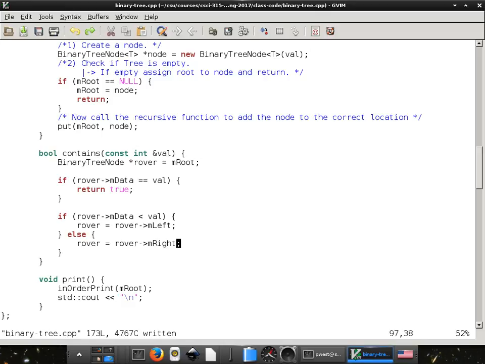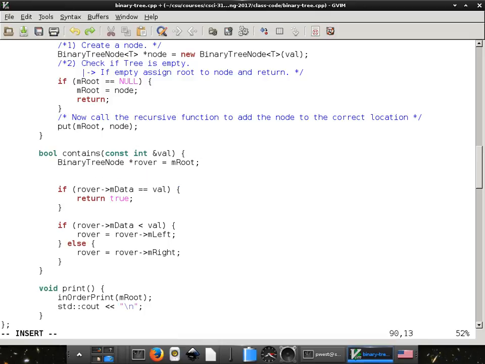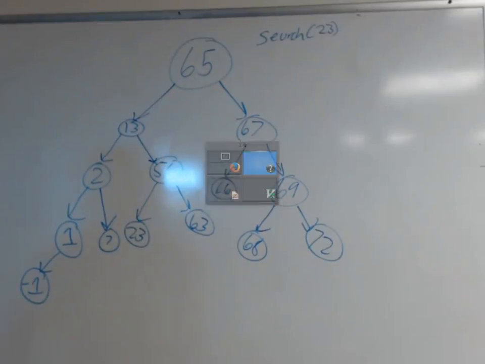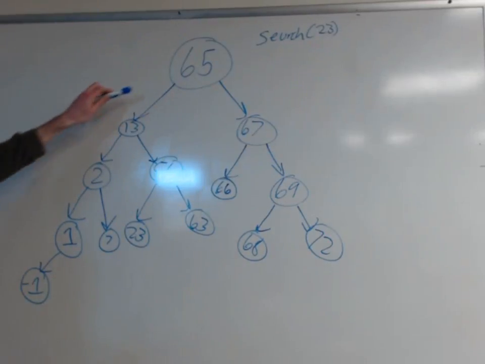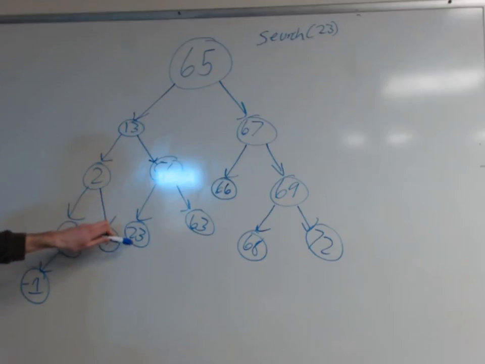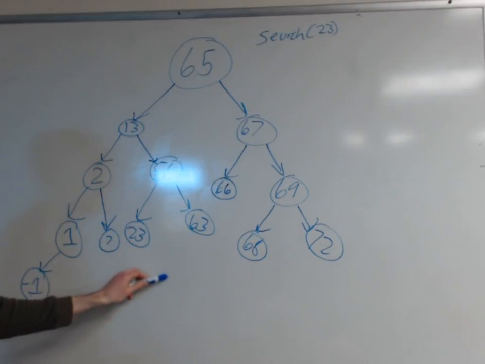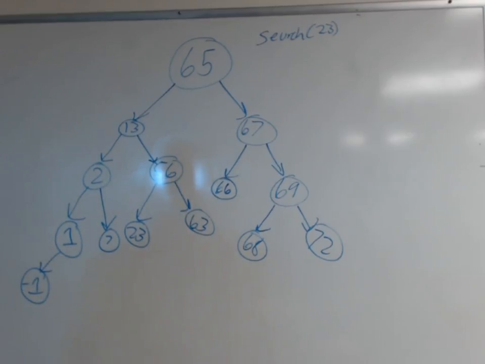So we really want this to be a loop of some sort, right? And what's the loop testing? We're trying to find val. But if val never pops up, let's say we're trying to find 24, and then there's nothing here. What's over here? Null. So we need to stop when we hit null.